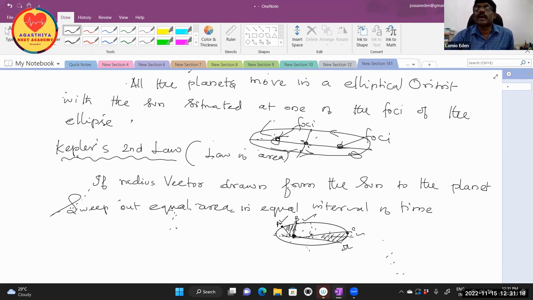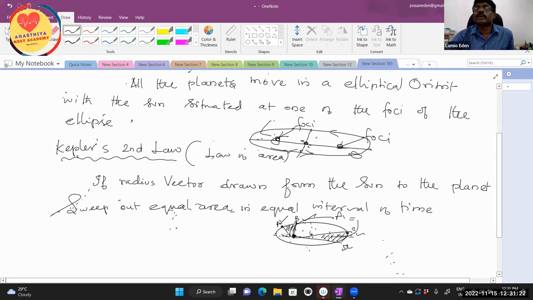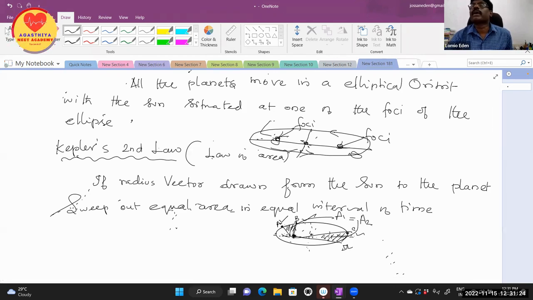According to the second law, this area will be equal to this area, provided the time required for the planet to move from A to B is equal to the time required to move from C to D.